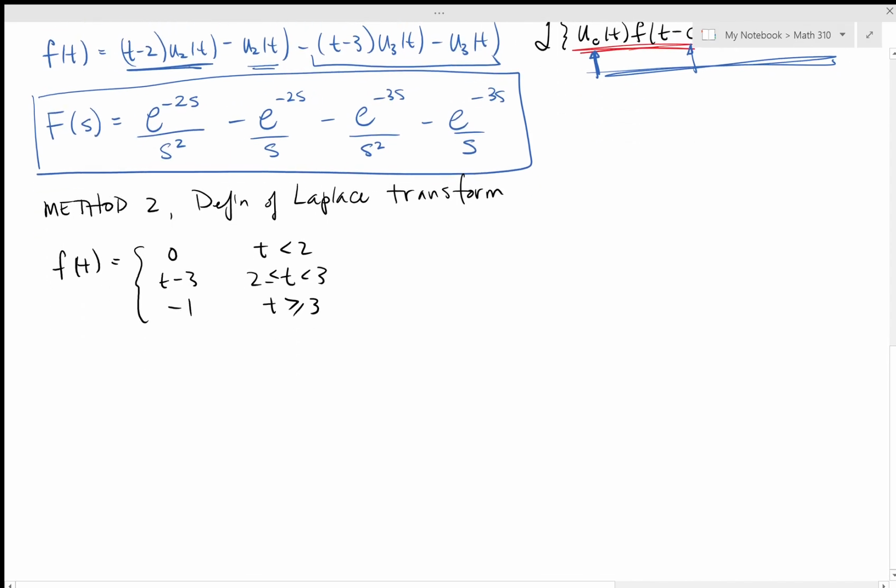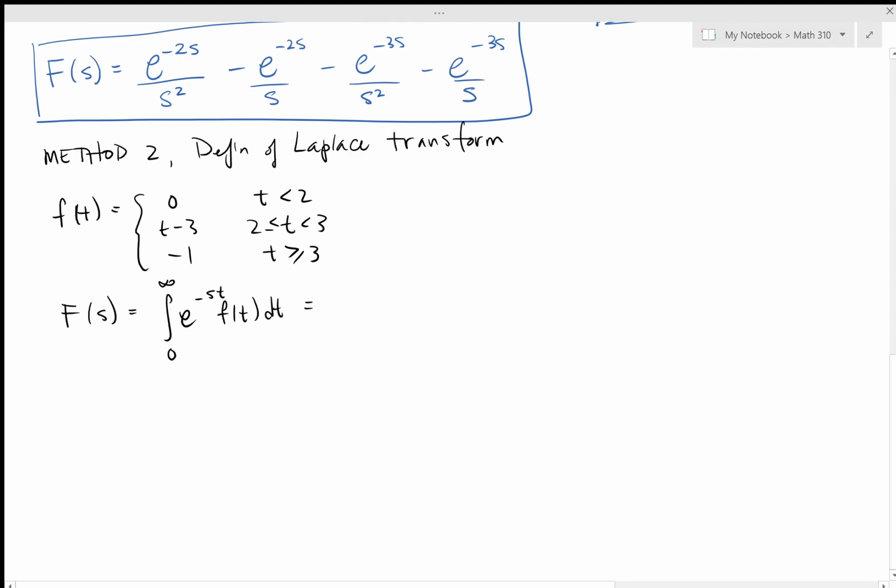Okay, so then the Laplace transform of f of t is going to be the integral from 0 to infinity of e to the minus st f of t dt. And now that I've got the function in a bunch of cases above, I can simply set up the integral piecewise.